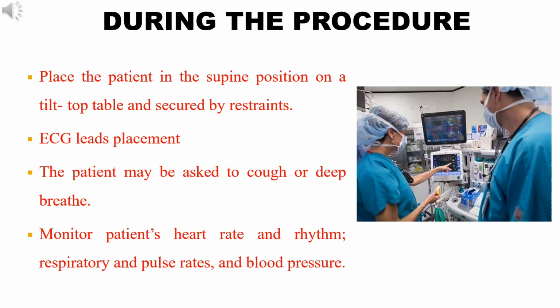Place the patient in the supine position on the tilt-top table and secure with restraints. ECG leads are placed for continuous monitoring. The patient may be asked to cough or breathe deeply. Monitor the patient's heart rate and rhythm, respiratory and pulse rates and blood pressure frequently during the procedure.